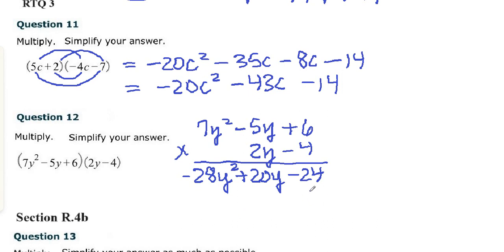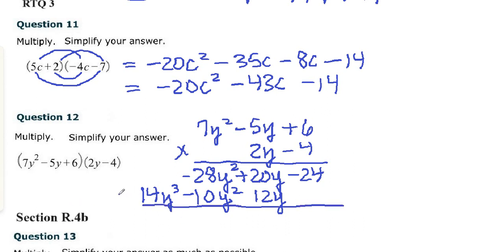And then we have a placeholder here. 2y times 6 is 12y, so we're going to line that up with the 20y. 2y times -5y, so 2 times -5, -10. Y times y is y squared. And then 2y times 7y squared will be 14. Y times y squared is y cubed.